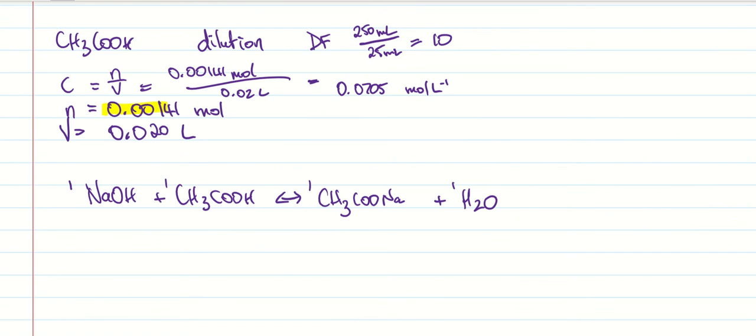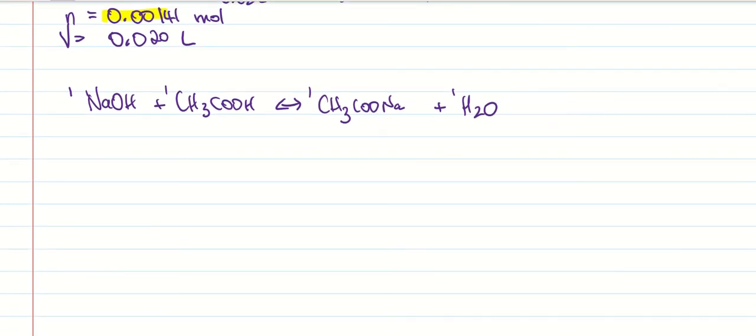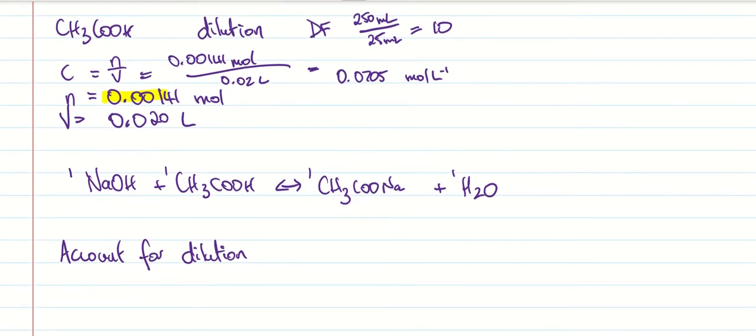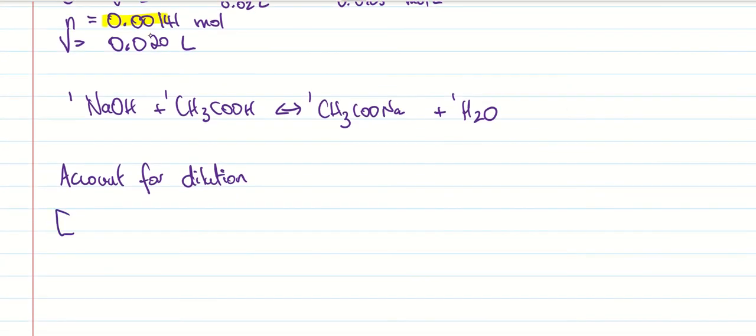Now remember, we had to dilute it at the start, so now this is where we account for the dilution. So for dilution, we're just going to get the concentration of the ethanoic acid in the vinegar is just going to be, what did we say, 0.0705 moles per litre multiplied by that dilution factor of 10.